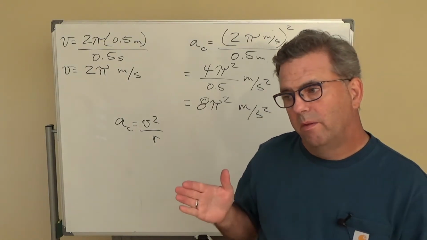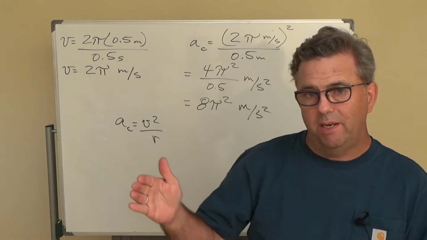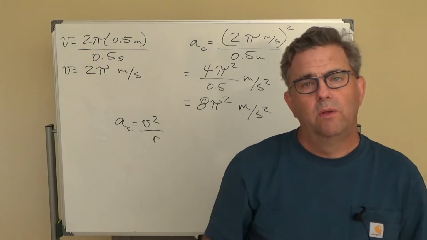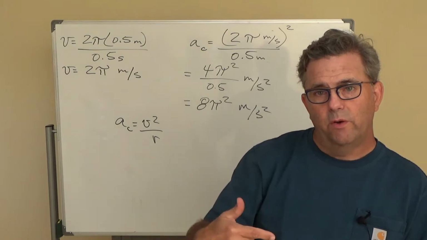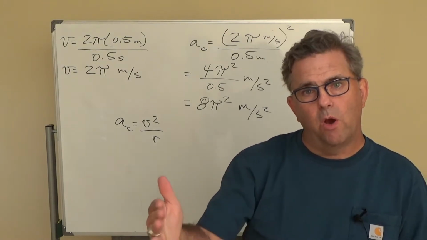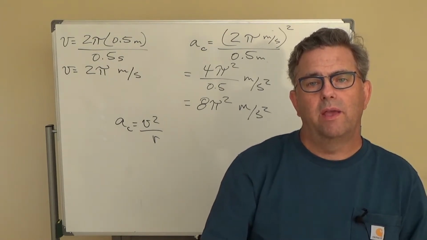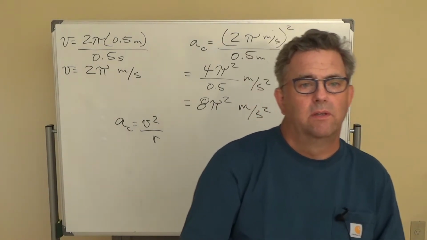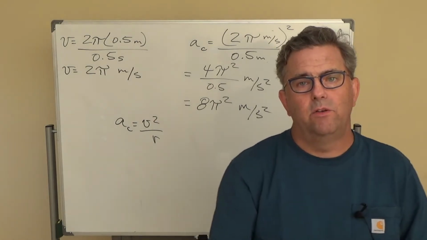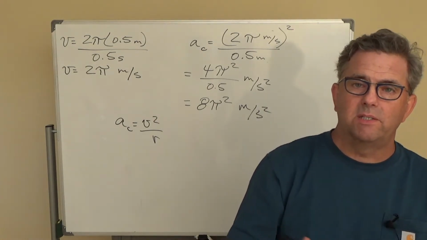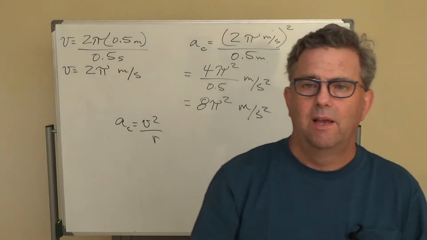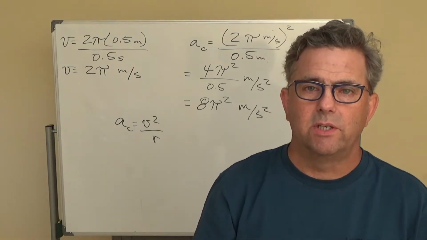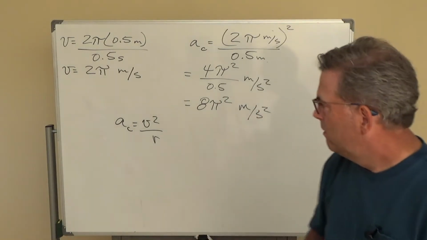You can be going at a constant speed, and if you go around in a circle, you feel that acceleration. It feels like something's pressing you up against the side of the seat. You feel these forces that are based on these accelerations. I realize we haven't gotten to forces yet, but we will. Okay?